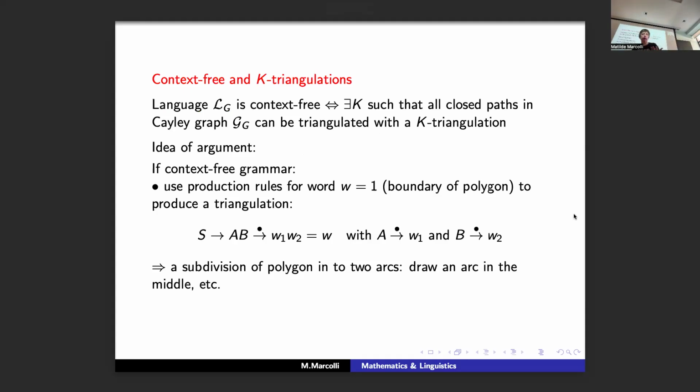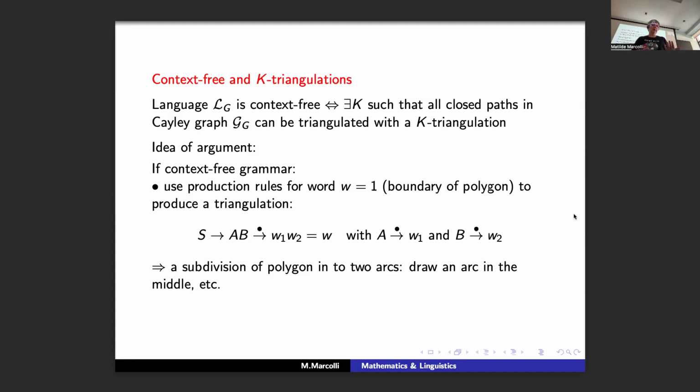And so the way to do this is to say, okay, let's suppose that I start with a language that I know is context-free. So you want to show that indeed you can triangulate all of these polygons in the Cayley graph with a certain bounded length.